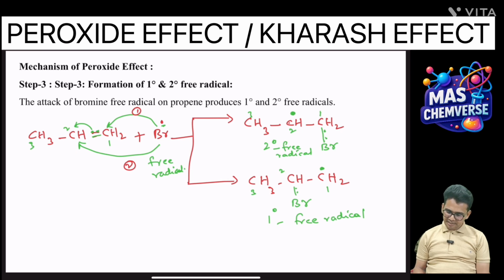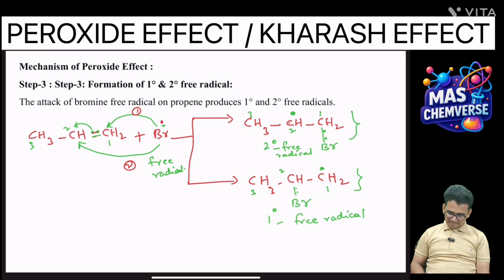That's why here two electrons. See, one and two electrons. That's why here remains only one electron on this carbon, because one more electron is given to bromine. Okay. That's why two types of free radical will be formed. This is called the secondary. This is called the primary.